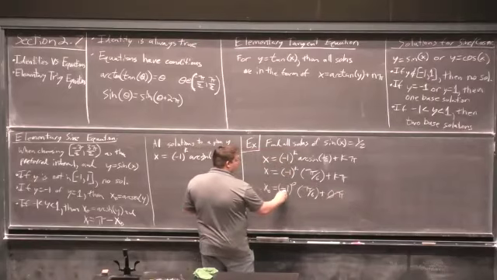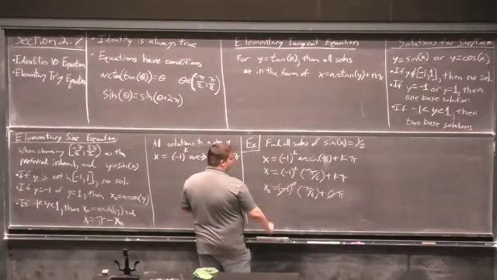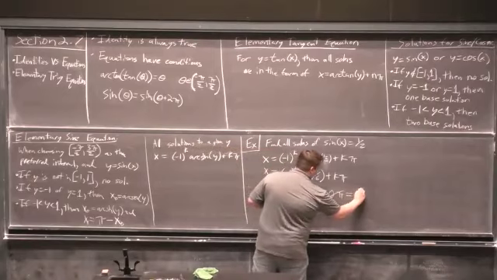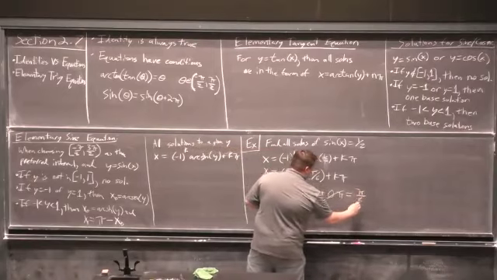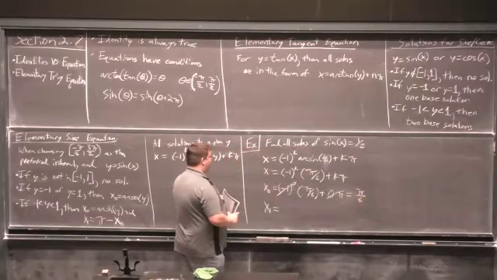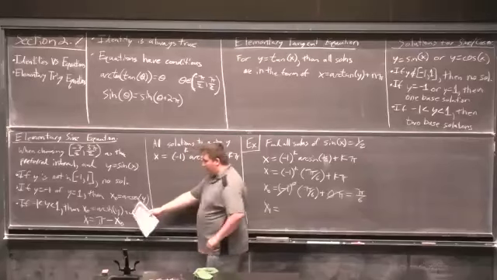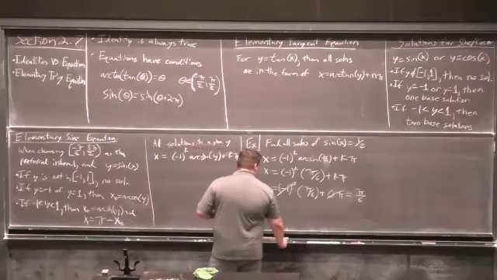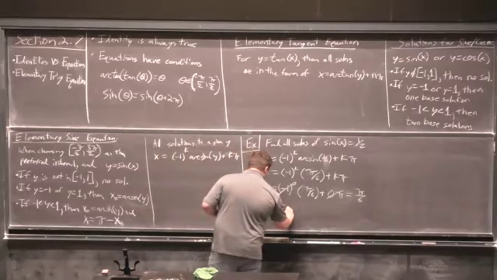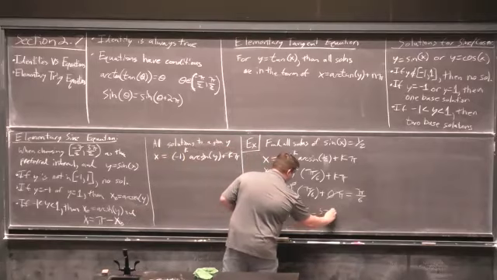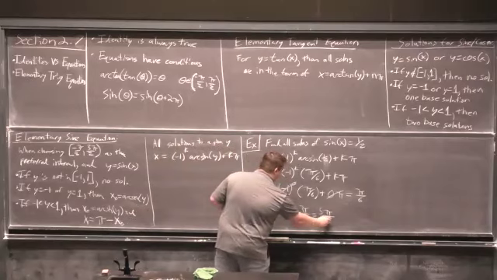That cancels. -1 to the 0 power is just 1, so we just get pi over 6. x1, we could get one of two different ways. We could use the formula over here and say pi minus x naught, and pi minus pi over 6 is equal to 5 pi over 6.